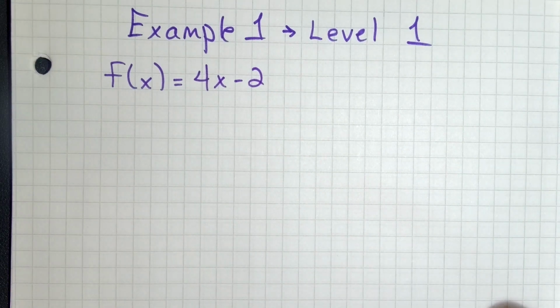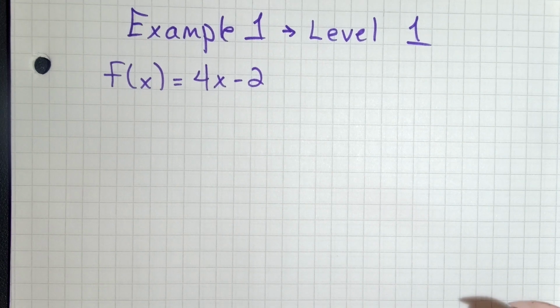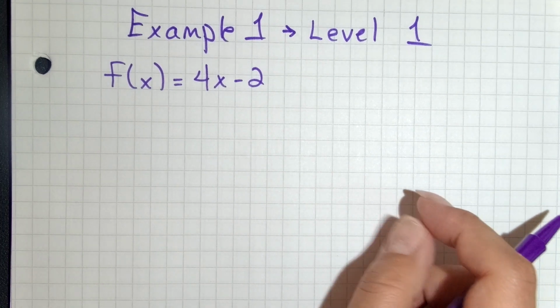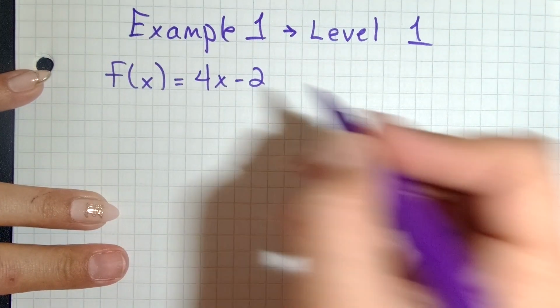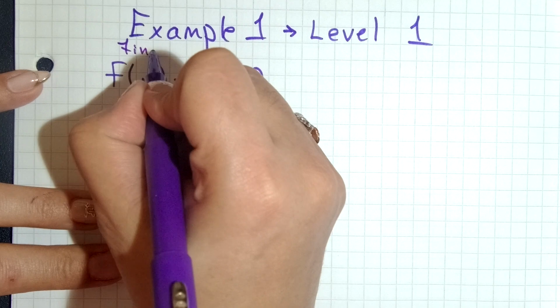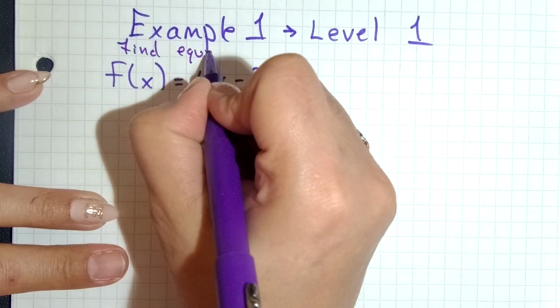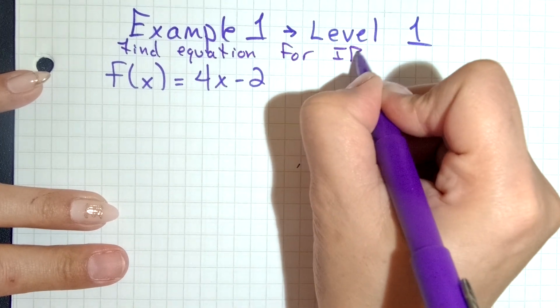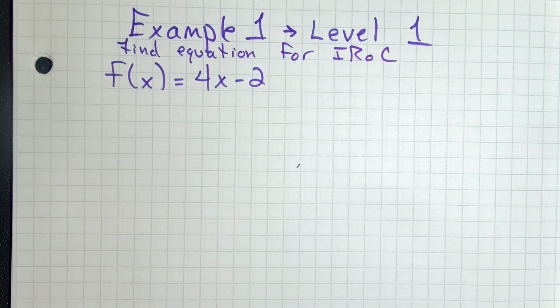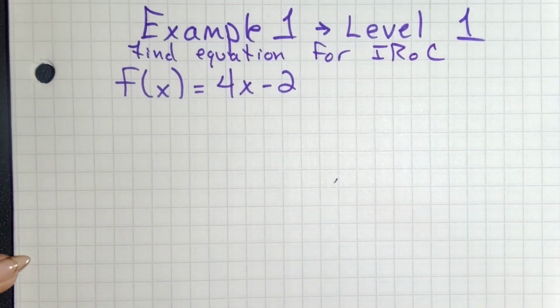On the guided notes, it says find the slope of the tangent line. It should say find the equation for instantaneous rate of change. Sorry about that. So let me write the instructions: find the equation for instantaneous rate of change. I'll zoom in for you guys.